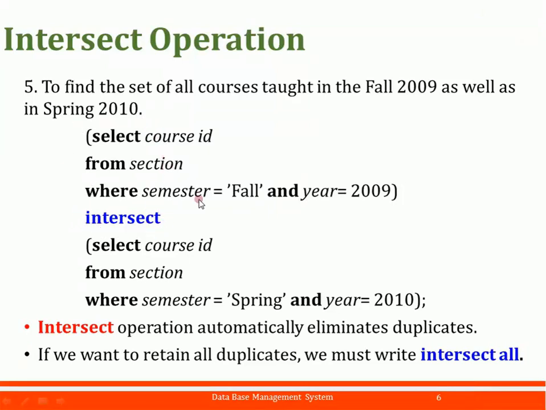The same subquery which is used to find the courses of fall 2009, and the query used to list the course IDs of courses taught in spring 2010. So these two are having an intersection, and only the common tuples will be retrieved. The intersect operation automatically eliminates the duplicates. If you want to retain the duplicates, then you have to write it as intersect all, similar to union all.